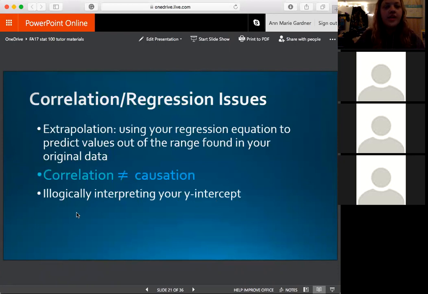So if you have time on your y-axis and you're just looking at the increase of time and your y-intercept is negative, that doesn't make sense, because you can't technically have negative time if you're talking about it in that way. So that would be illogically interpreting your y-intercept, because a lot of samples don't have x equals 0, because that's not what you're looking at. So we're often looking at the data above that. So we don't always want to look at the y-intercept and make inferences about it.